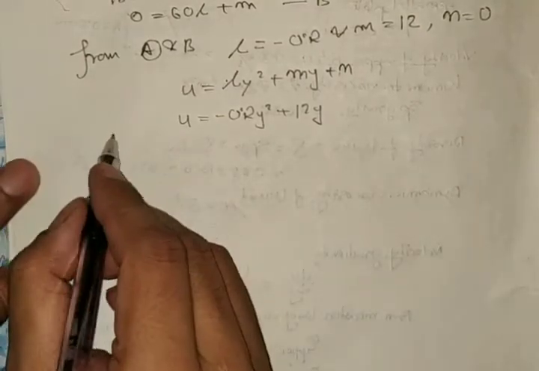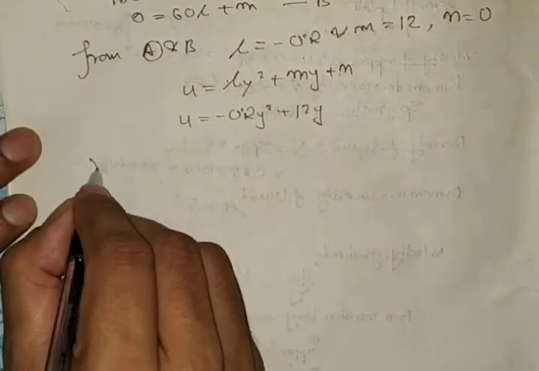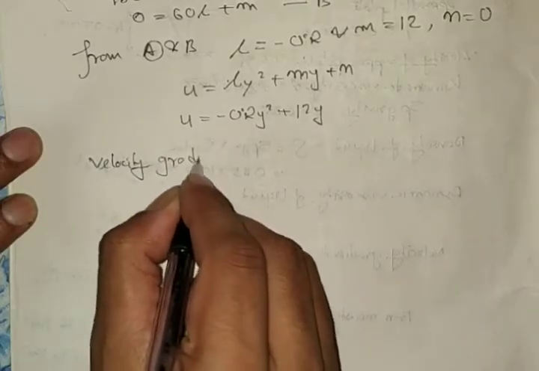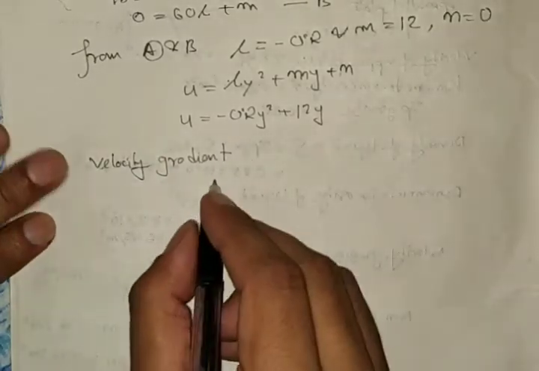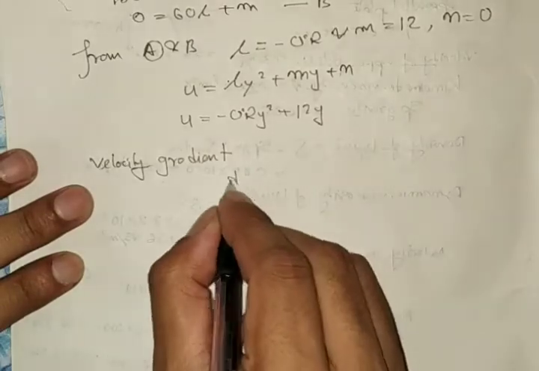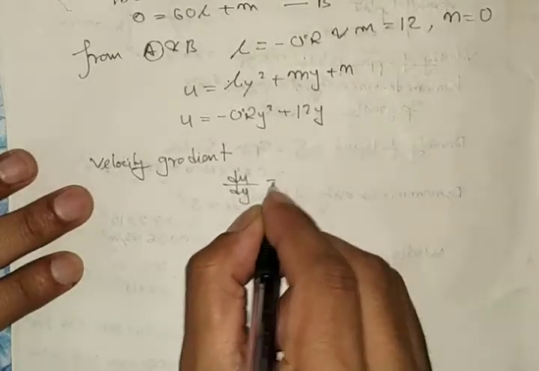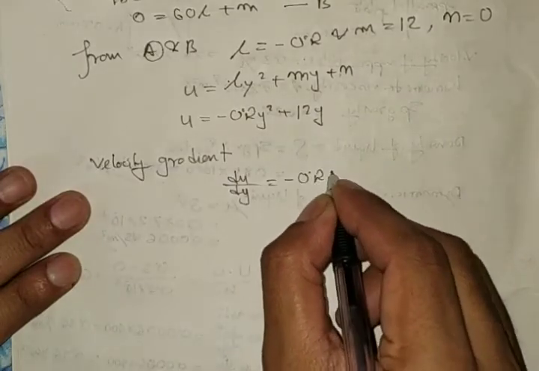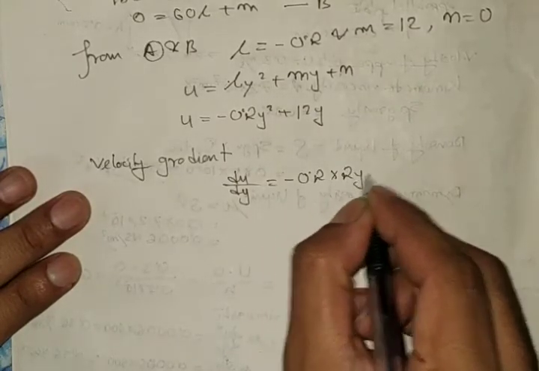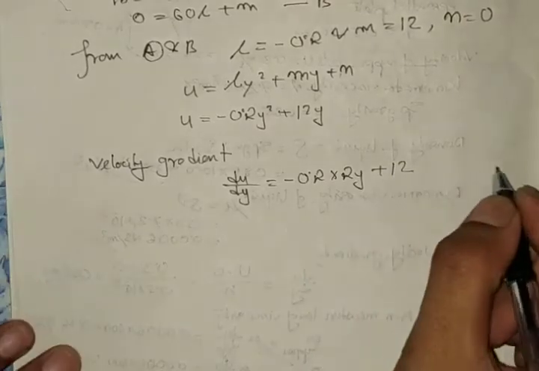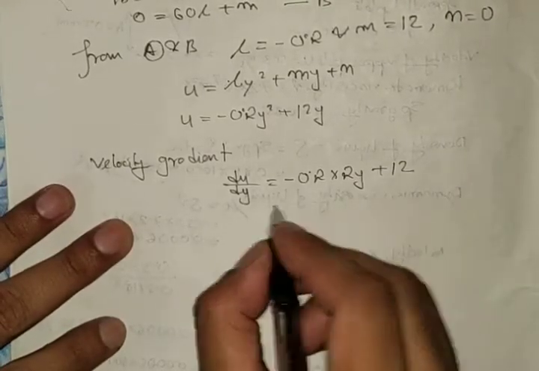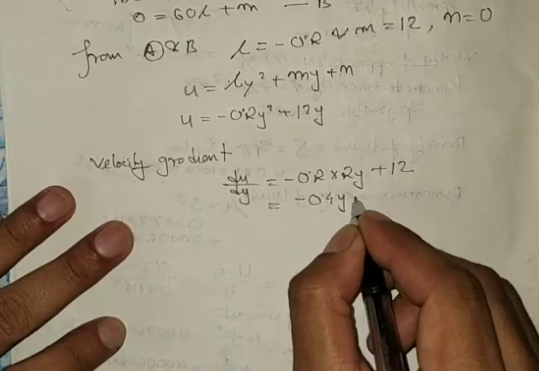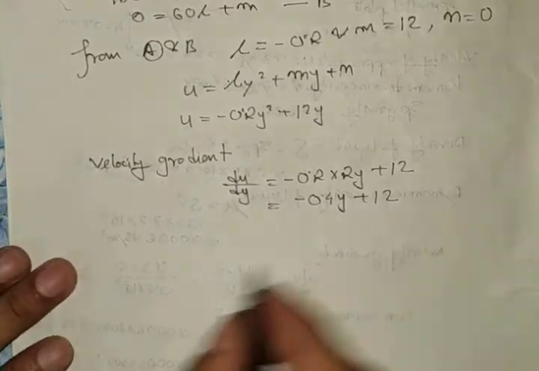Okay, so now the velocity gradient, del u by del y. If I do that, minus 0.2 into 2y plus 12, or it will be minus 0.4y plus 12.